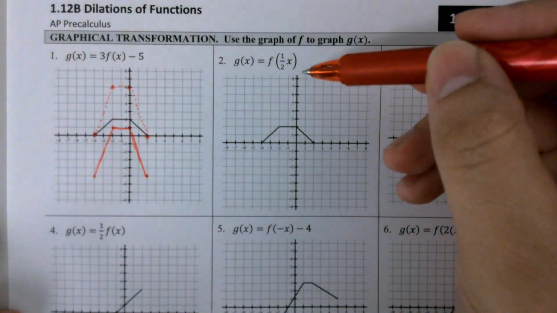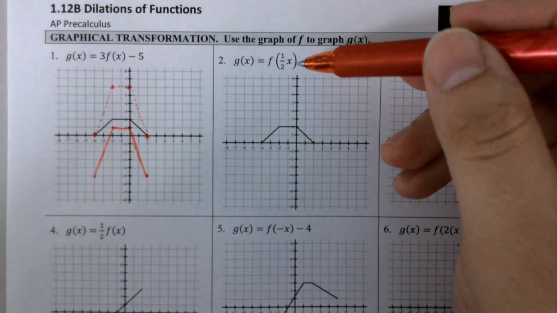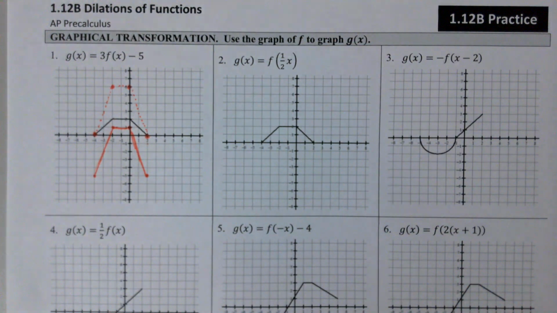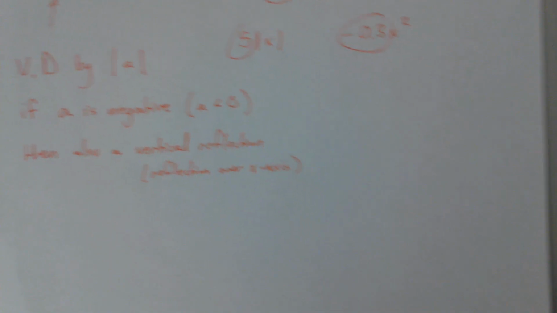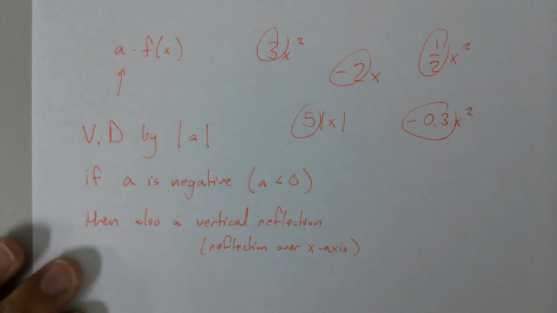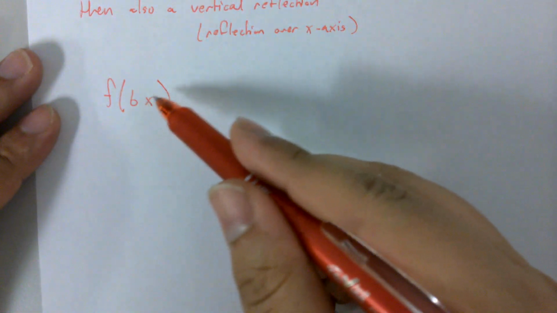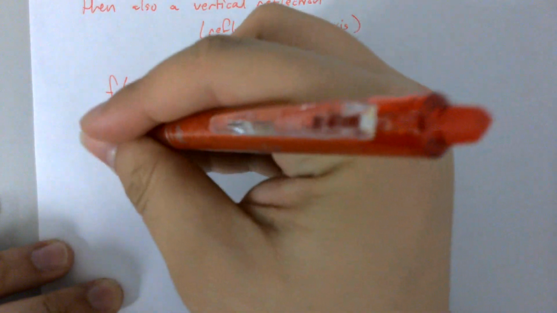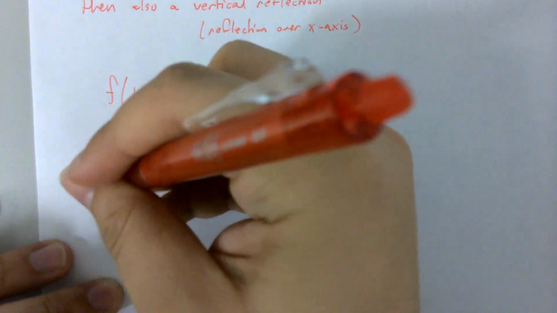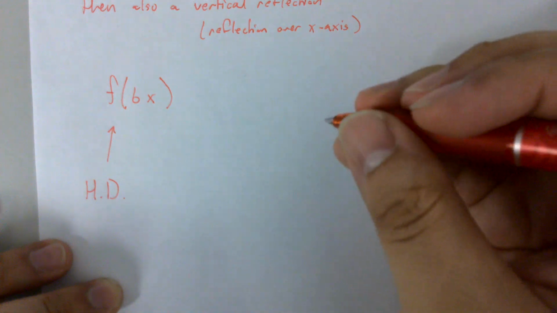Now let's look at number 2, because this has what's called a horizontal dilation. So similar to the vertical dilation, this one for horizontal dilations is some number multiplied times x, but inside these parentheses. So I'm going to abbreviate this as HD for horizontal dilation.